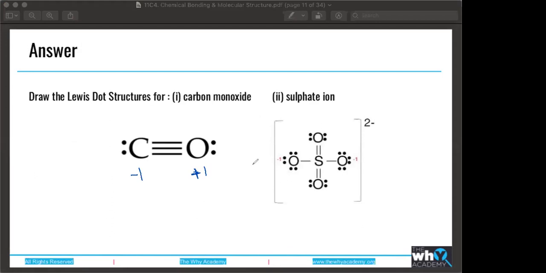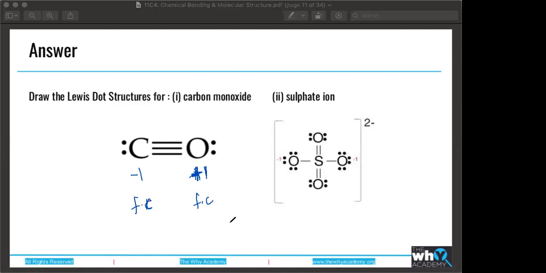What else can you infer from this? Another thing you can figure out is that oxygen has a formal charge of +1 and carbon has a formal charge of -1, right?